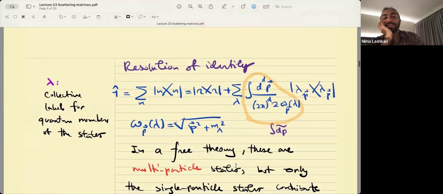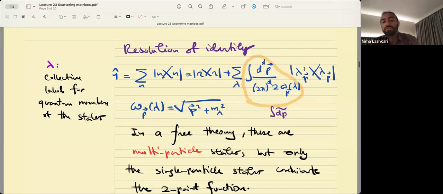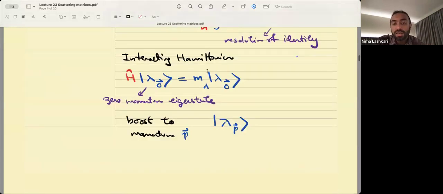So what is the resolution of identity? Well, the simple state is the vacuum. Then you take all the 0 momentum eigenvectors of the Hamiltonian and you boost them. They have some mass, whatever the mass is, and you boost them. If you recall, this is just the integral over the d+1 dimensional momentum with a Dirac delta function that imposes the on-shell condition, the fact that this state has energy m lambda.